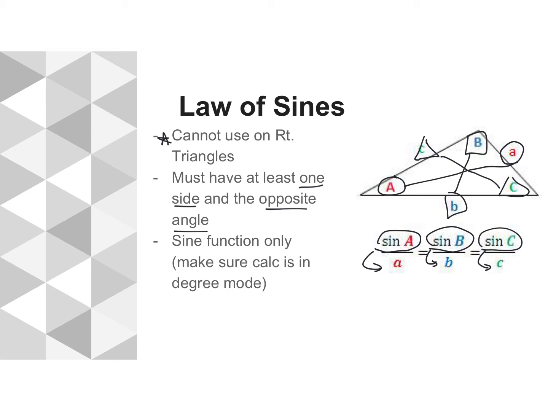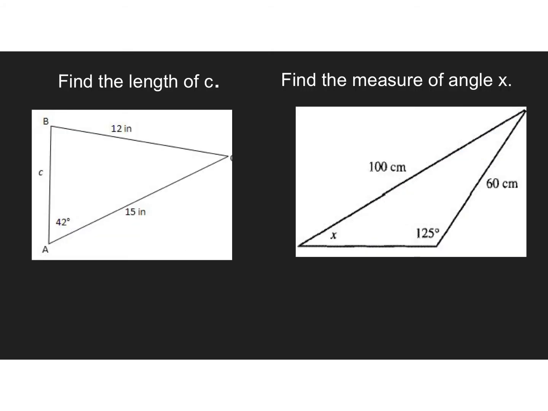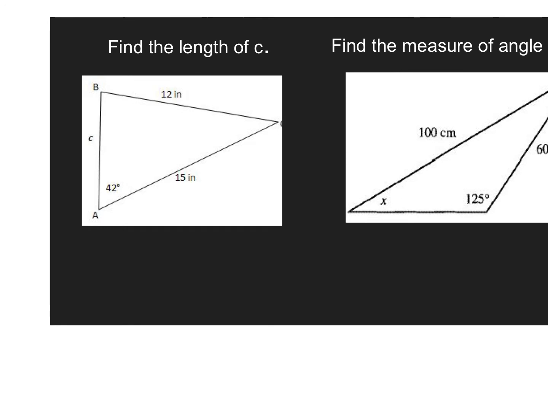Let's put it into practice, because you don't have three problems that you're trying to solve. Most of the time you're dealing with only two, and then just solving a ratio. So if I look here, what I need very much is one angle and its opposite side, which is what I have.